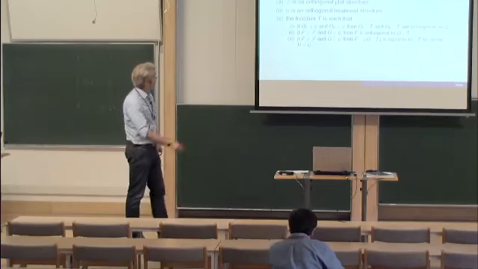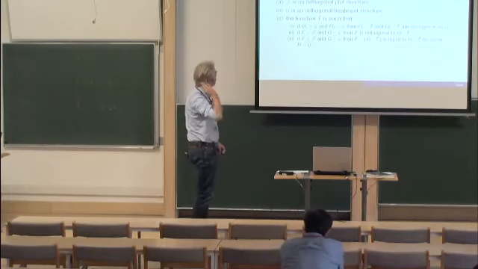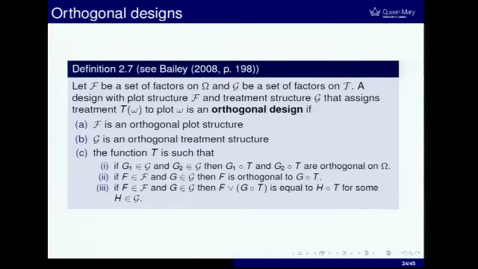The first one says that if we now regard the treatment factors as factors on omega, so first apply T, and then this assigns a treatment to an observational unit, and then apply the treatment factor.